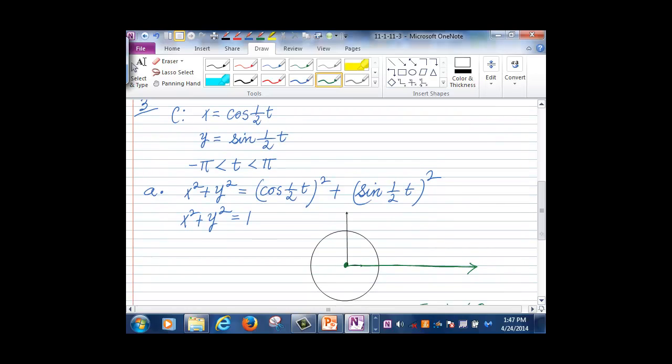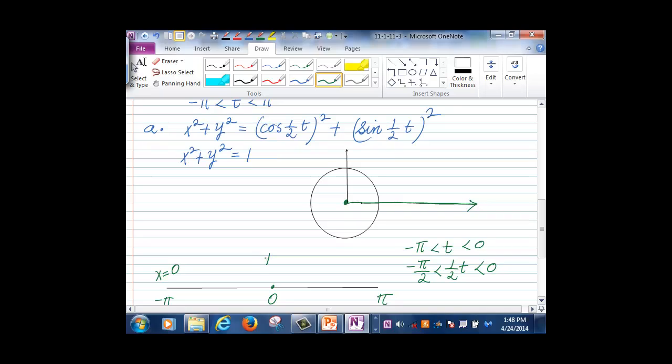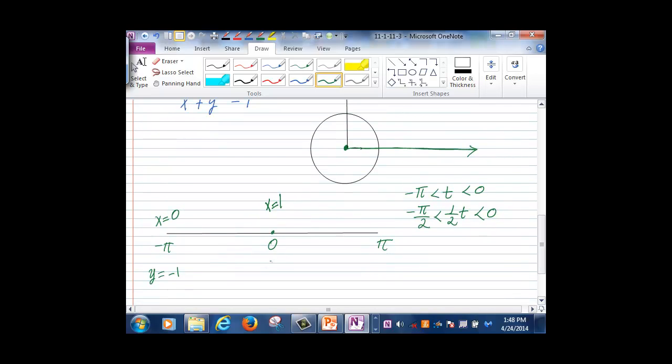It's increasing to what? Well, x becomes 1 here, right? Cosine 0 is 1. And what is the y value at t equals 0? Sine 0 is 0. So x is increasing here, and the y value is increasing here as well, right?